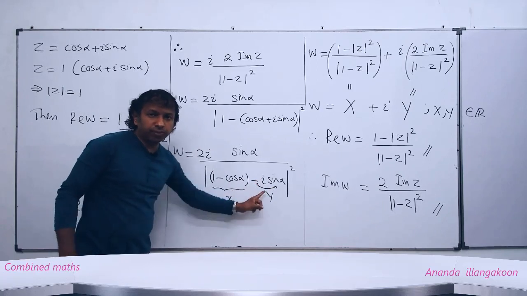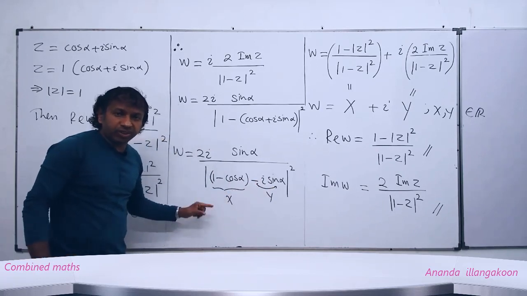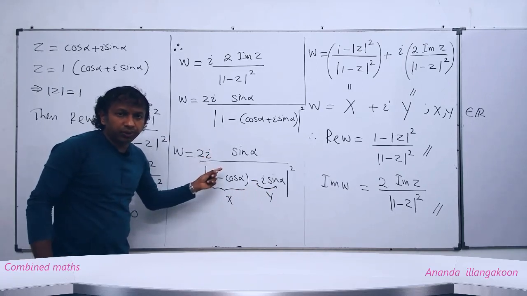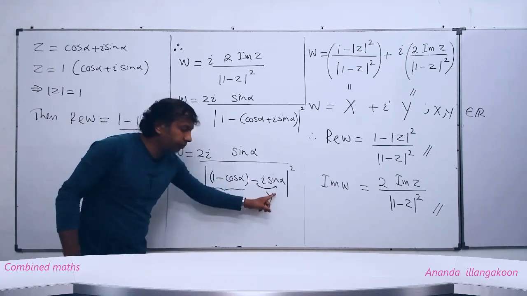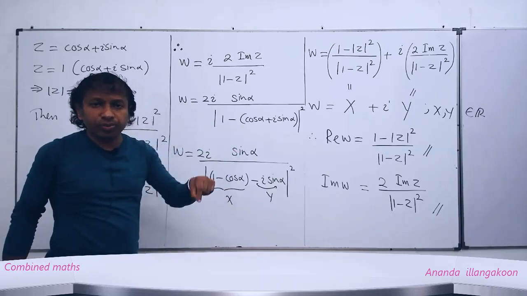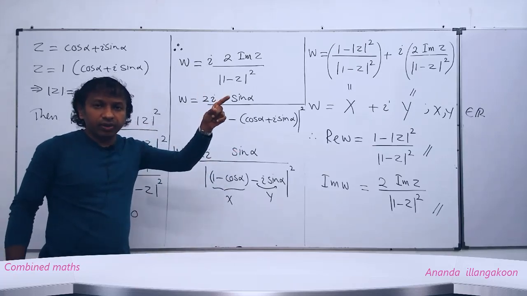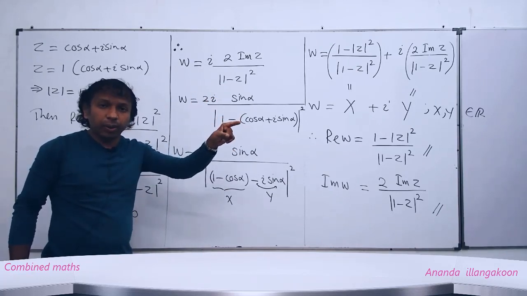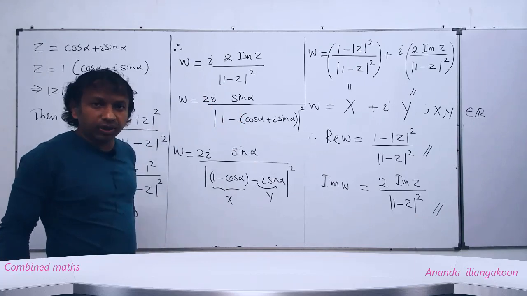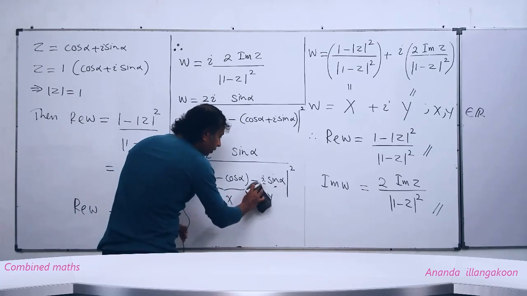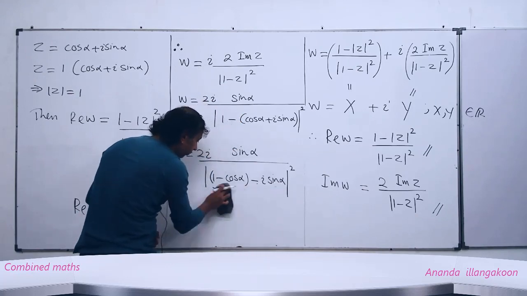We have a complex number within the modulus. Then what is asked? The perfect square of the modulus of the complex number. How to write the perfect square of the modulus of a complex number? Real part squared plus imaginary part squared. That is the perfect square of the modulus of a complex number. Understand?